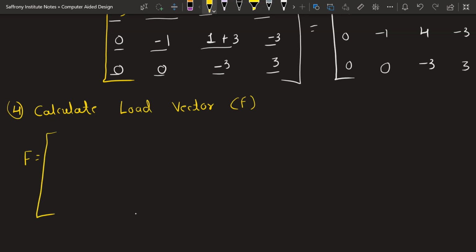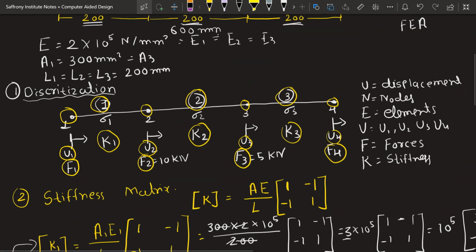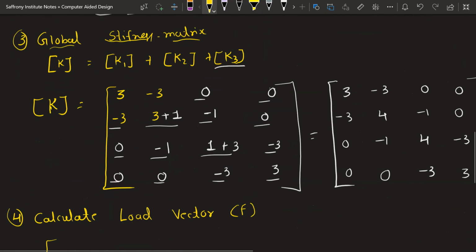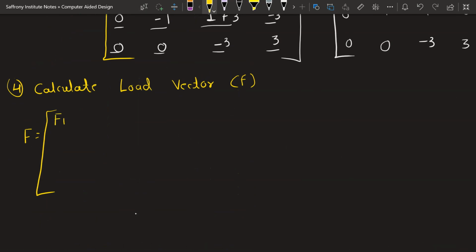Earlier you can check how many forces we had in the discretization. There were 4 forces, 1, 2, 3 and 4. So this matrix will also look like that. F1, F2, F3 and F4. Okay, now if I substitute the values of those, it will be 0, 10, 5 and 0.